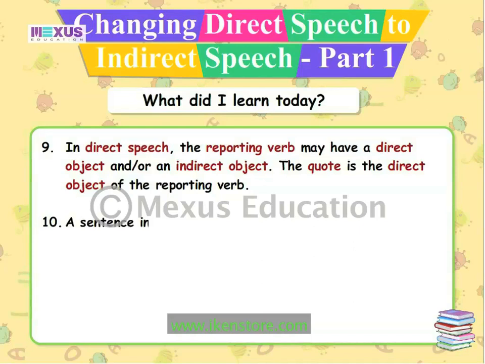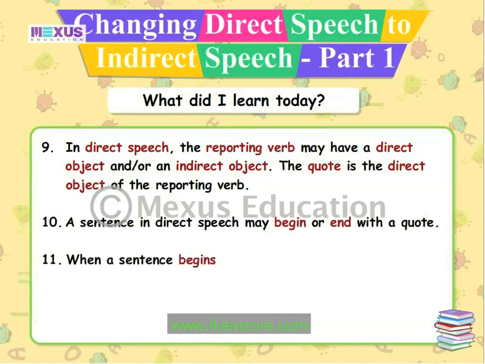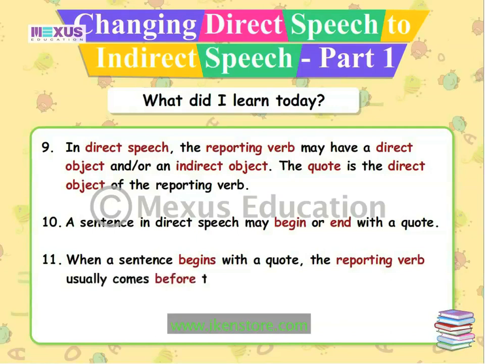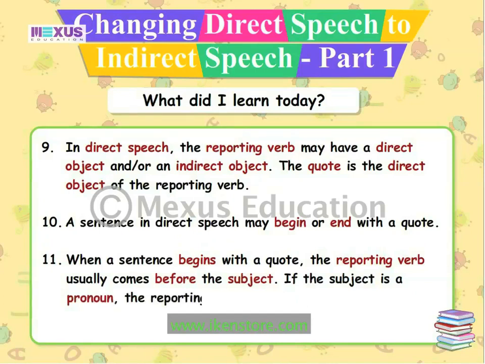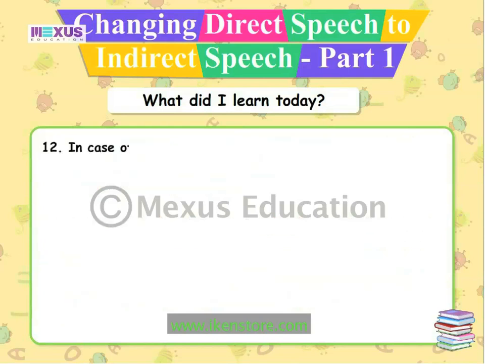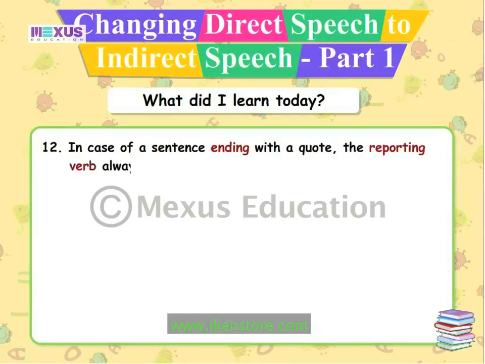A sentence in direct speech may begin or end with a quote. When a sentence begins with a quote, the reporting verb usually comes before the subject. If the subject is a pronoun, the reporting verb is usually placed after its subject. In case of a sentence ending with a quote, the reporting verb always comes after the speaker or the pronoun.